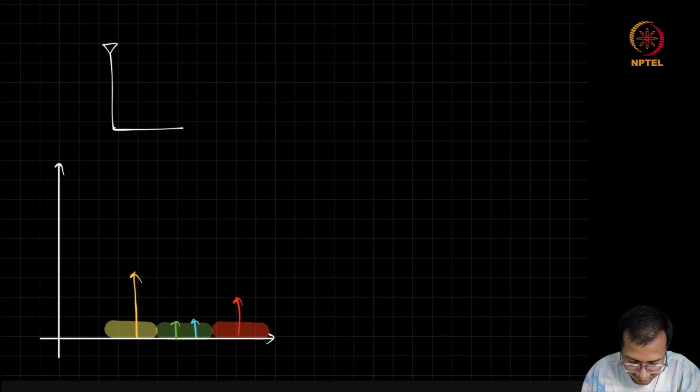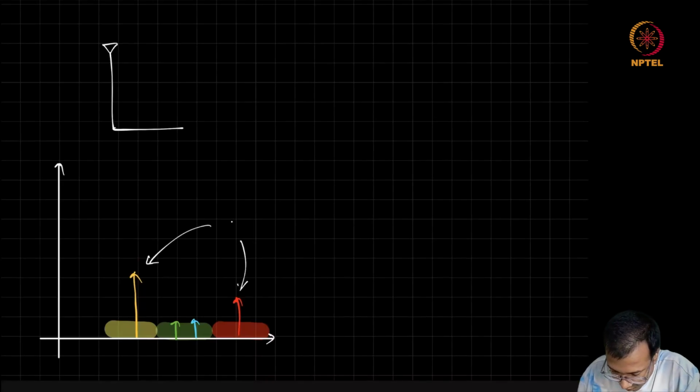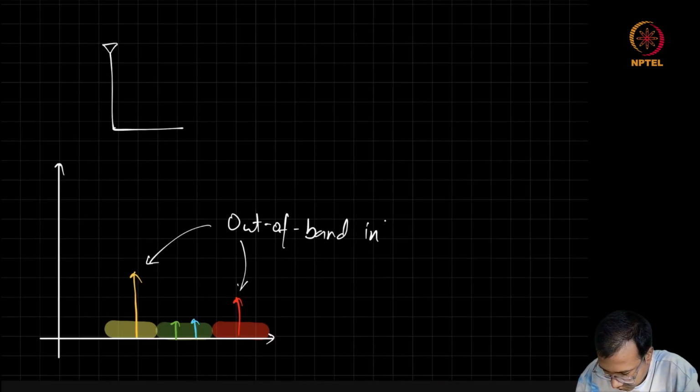So these kinds of signals which are going to interfere from a different band are also called out of band interferers. So these are out of band interferers.